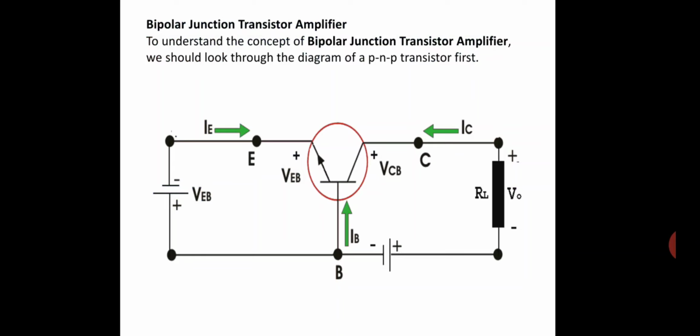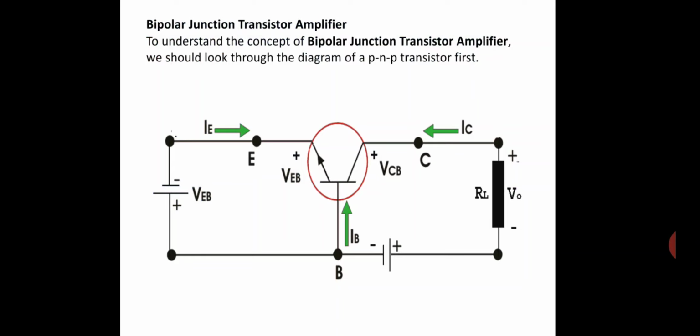It is a three-terminal device: emitter, collector and base. We will discuss the characteristics and the working of the emitter, collector and base. The main function of the emitter is to emit the charge.